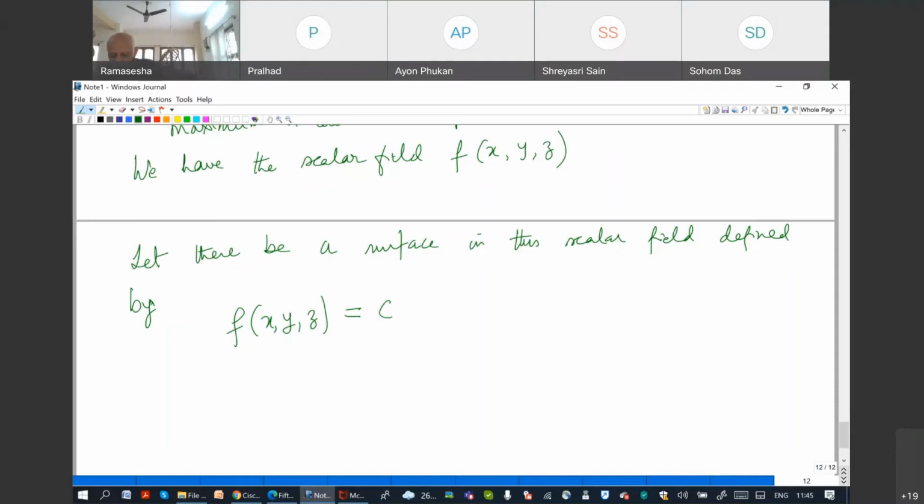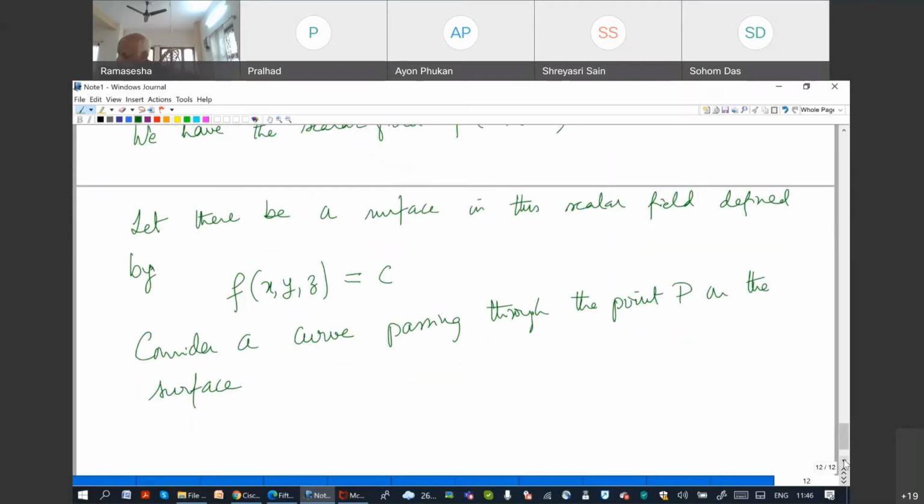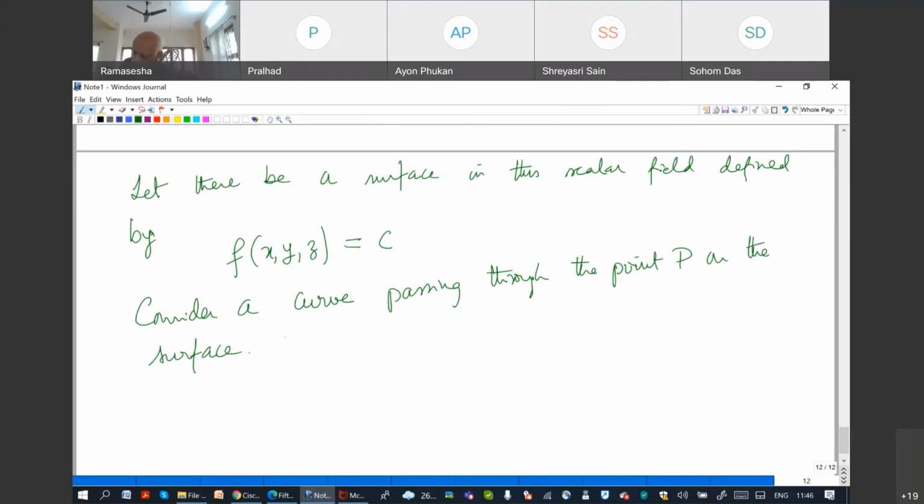Okay? Yes, sir. Now consider a curve passing through the point P on the surface. This curve lies on the surface.